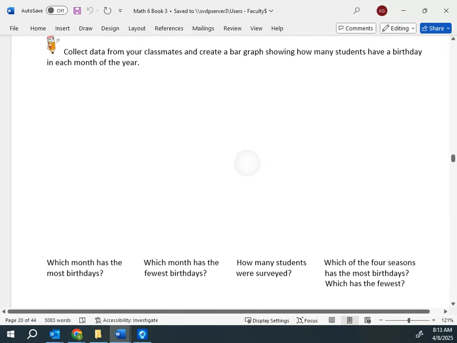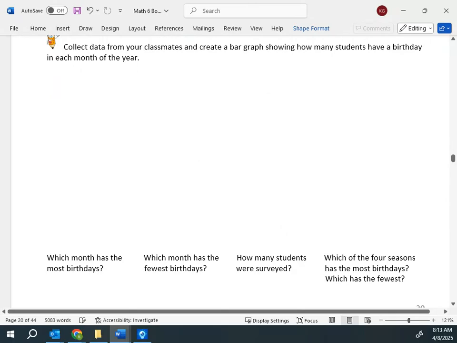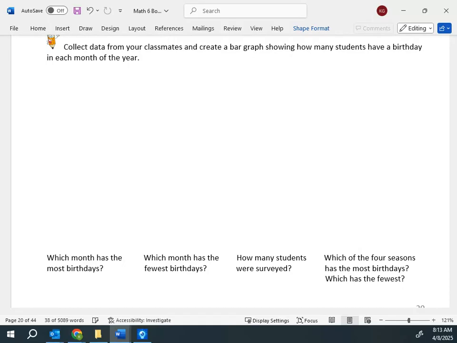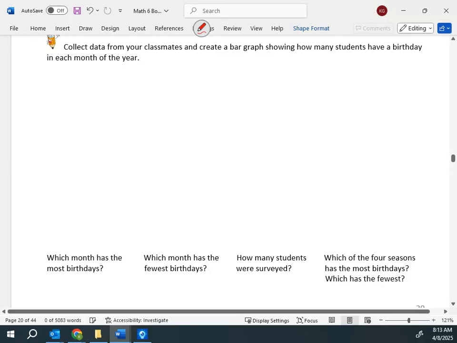On the bottom it says collect data from your classmates and create a bar graph showing how many students have a birthday in each month of the year. Oh boy. So we need to figure out, first thing we're going to do is we're going to figure out how many have in each month of the year.